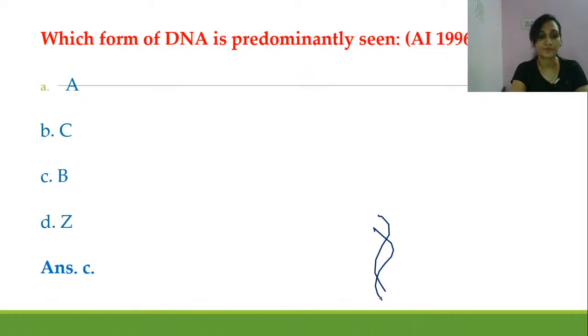Now, a nucleic acid was analyzed and found to contain 32% adenine, 18% guanine, 17% cytosine and 33% thymine. The nucleic acid must be. So, the amount of adenine is 32 and adenine pairs with thymine. So, just quickly go to the amount of thymine, and amount of thymine you can see over here, it is 33%.